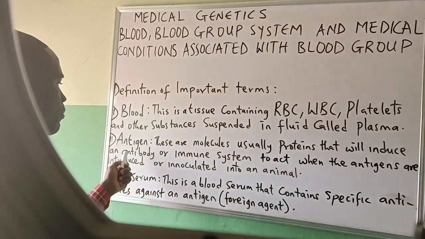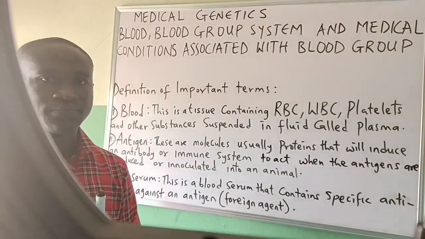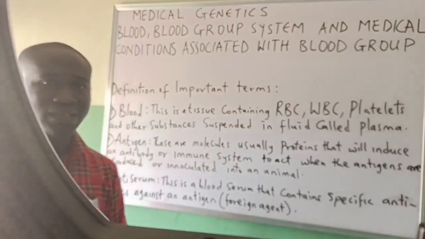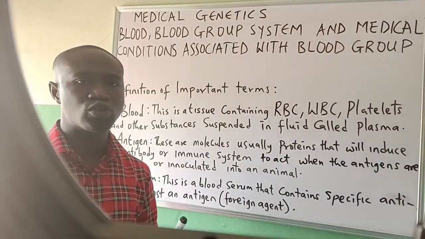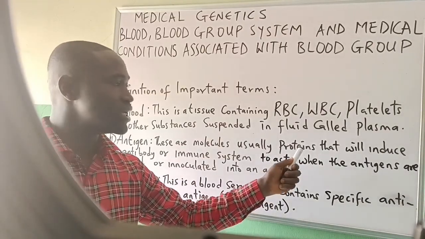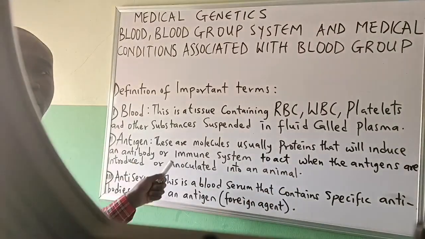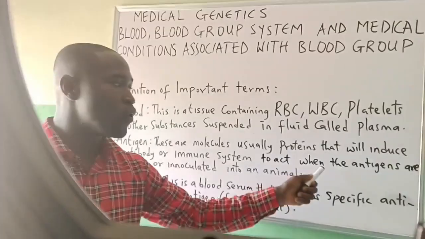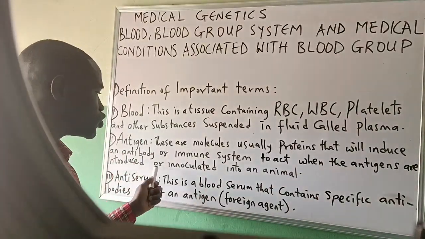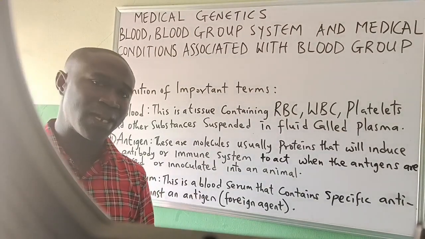Another important term we want to discuss is antigen. Antigen is defined as molecules, usually proteins, that will induce an antibody or immune system or immunoglobulins to act when the antigens are introduced or inoculated into an animal.